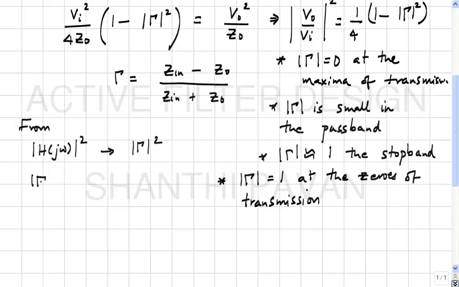From mod gamma square, you get gamma of s times gamma of minus s. Okay, and from gamma of s, you find Zin of s.